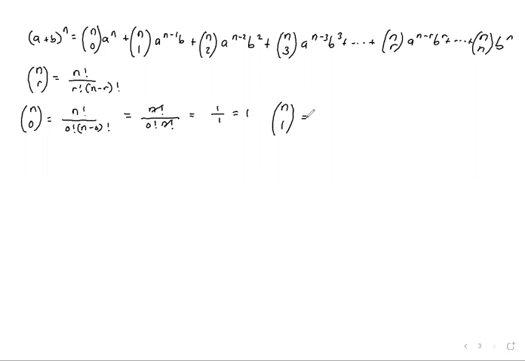Okay. So n choose 1, we just replace: n is still n, r has become 1, and then n minus r will be n minus 1, meaning n factorial over 1 factorial times n minus 1 factorial. Now 1 factorial is just 1, so we have n minus 1 factorial down there. Now we understand that calculating this, we need to reduce the top one all the way down to 0. So we start with n multiplied by n minus 1 factorial.